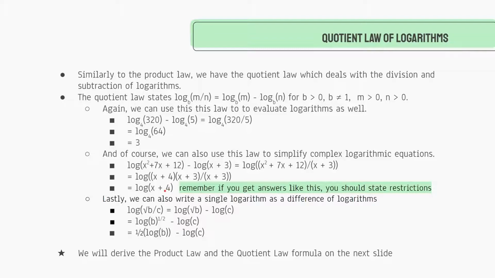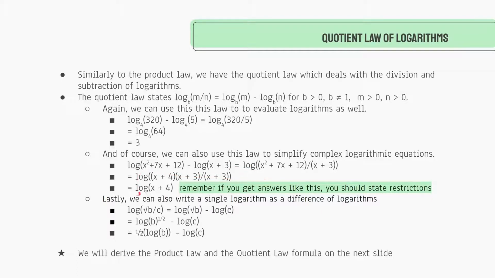The important thing here is to remember your restrictions. Just like we did in rational functions, if we divide or cancel these values out, we still have to account for the restrictions that we had beforehand. So in this expression here, our restrictions would be that x cannot equal -3.